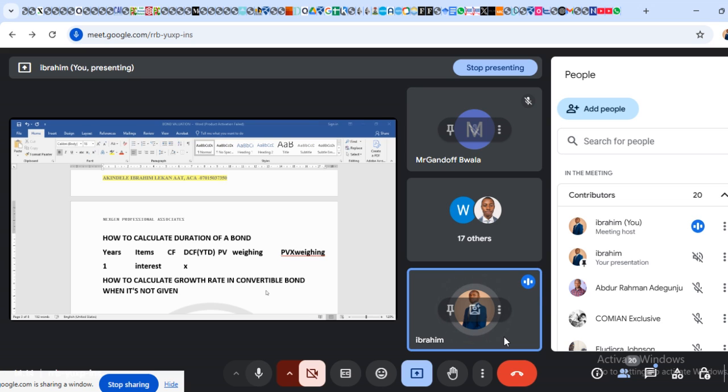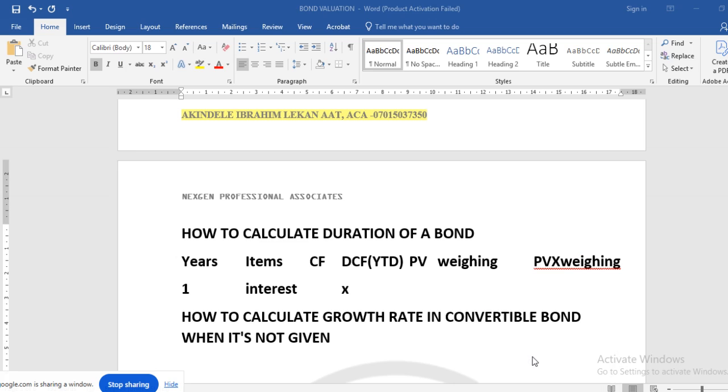Now, why do we have to use interest? You will pay interest to the lender. At the end of the year, you will pay principal during that duration of that bond. So therefore, the cash flow, then the interest, the PV.